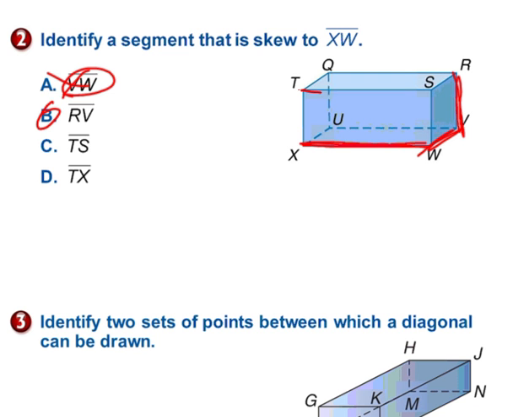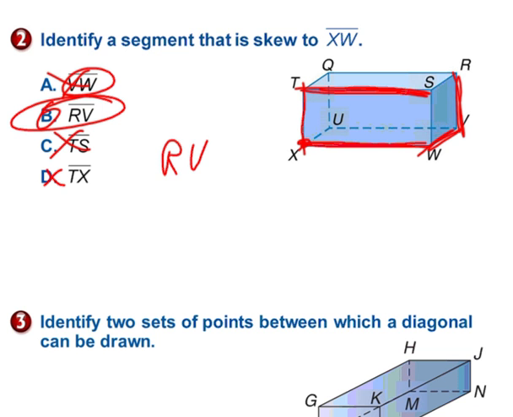TS cannot, it doesn't cross, but it is coplanar. It's in the same plane. And TX to XW crosses right here, so it cannot be that one. The only one that's a possibility is letter B, line segment RV.